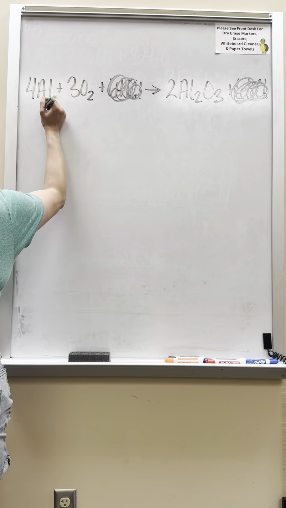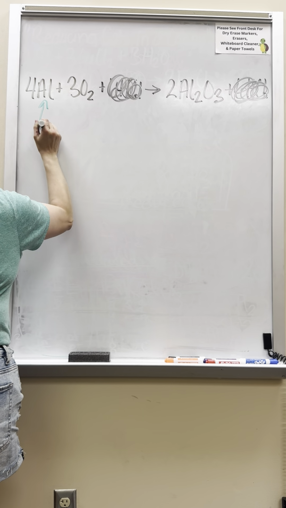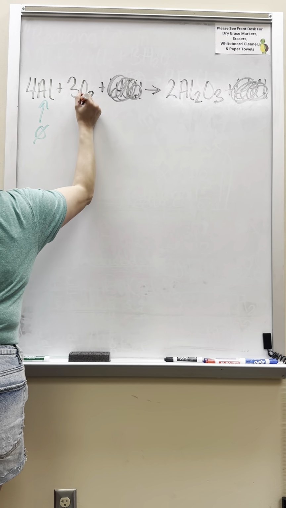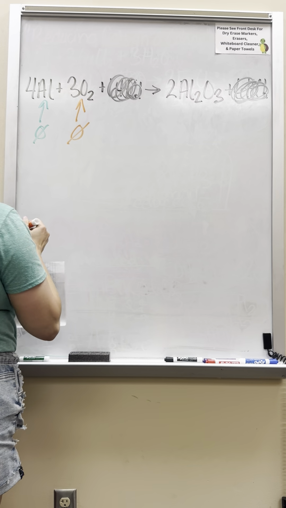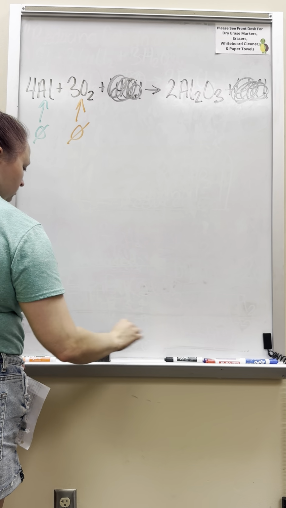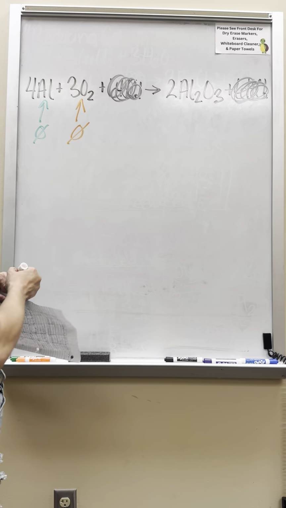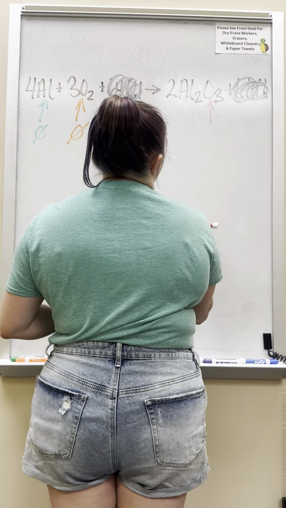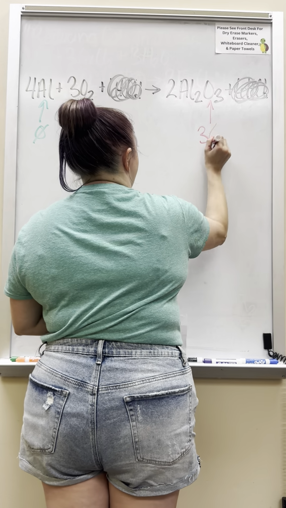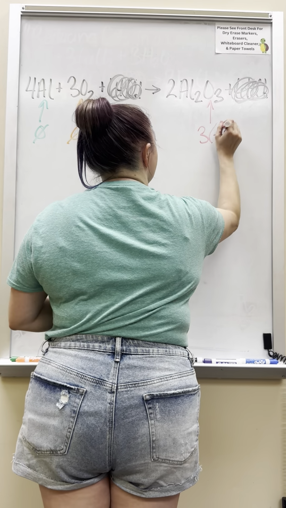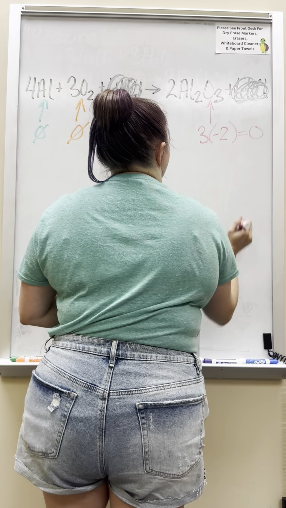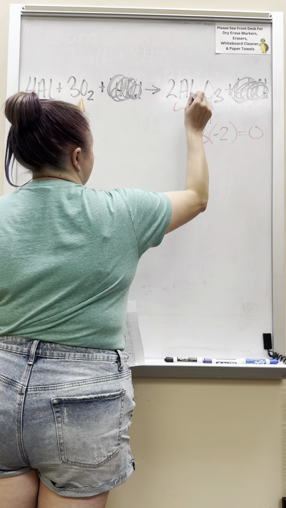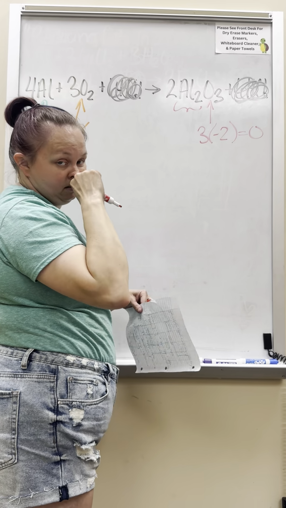We know that aluminum alone is 0, big fat 0. We know that oxygen alone is a big fat 0. We know that oxygen normally within something is -2. We're going to multiply that by this 3 here though. And whatever it is going to equal 0. Don't miss that 2.